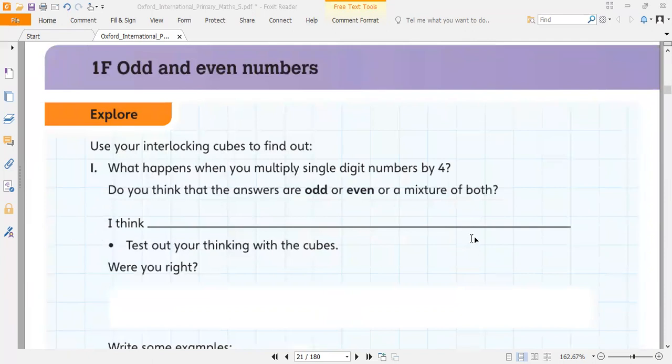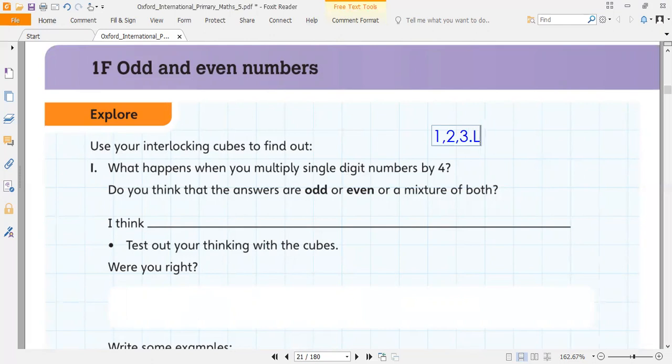Here is again another exercise for odd and even numbers. Use the interlocking cubes to find out what happens when you multiply a single digit number by 4. What is a single digit number? Single digit numbers are those from 1 to 3 and so on up to 9.